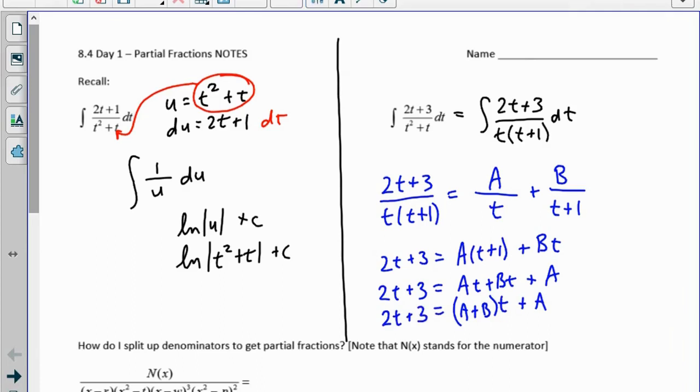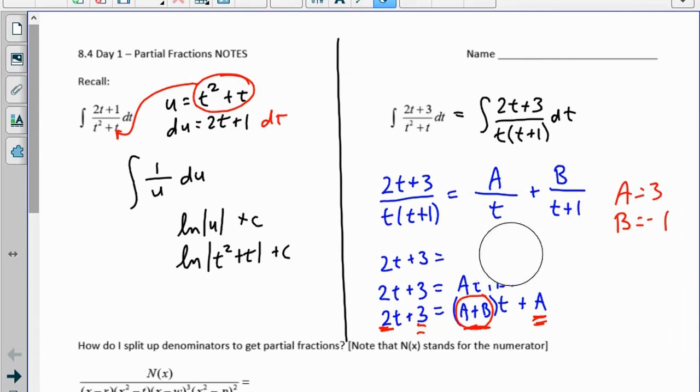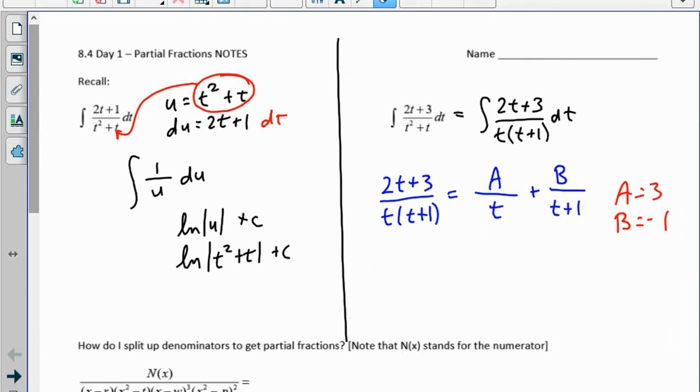So ultimately what I have here is a plus b must equal 2 and a must equal 3. So if a equals 3, then b has to equal -1, because 3 plus -1 equals 2, and that was what it had to be. And again, you can rewind if you need to see that again. So a was 3, and b was -1.